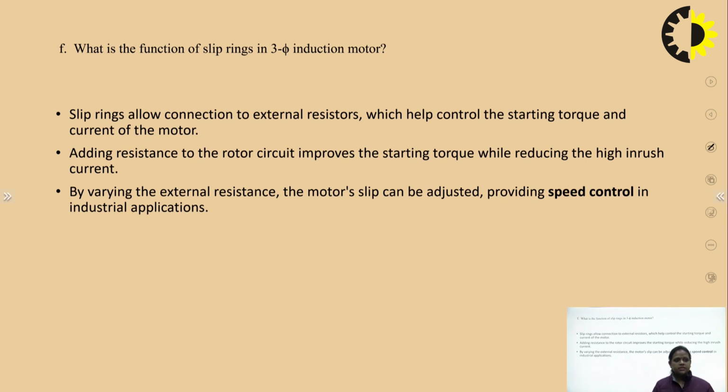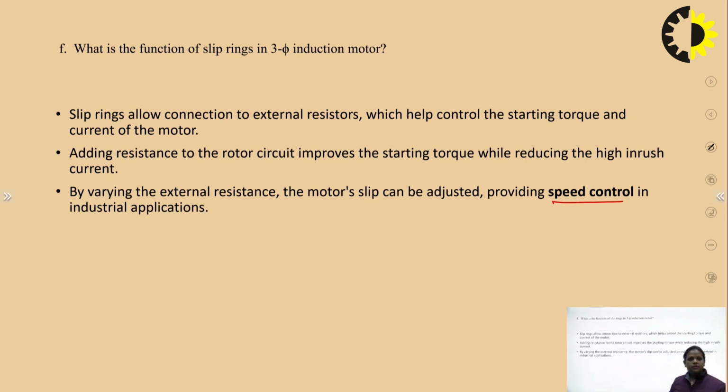Then, adding resistance to the rotor circuit improves the starting torque while reducing the high inrush of current. So, by adding this resistance to the rotor circuit, it will improve the starting torque, and this will reduce the high inrush of the current. By varying the external resistance, the motor slip can be adjusted, providing speed control in industrial applications.